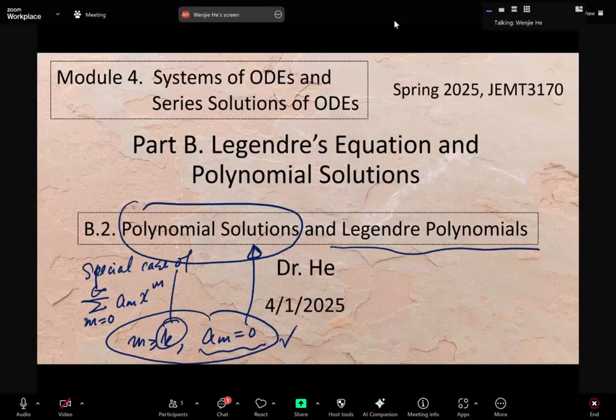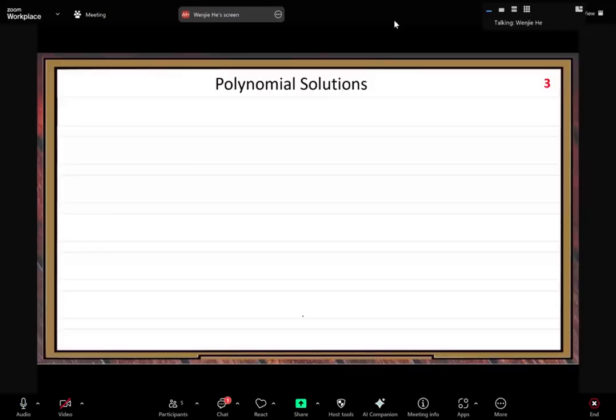So let's look at the polynomial solutions, the reduction of power series to polynomials. If you can have polynomial solutions, that is much better, because you have a complete representation. You do not need to use an approximation with infinitely many terms. A polynomial is a good function.